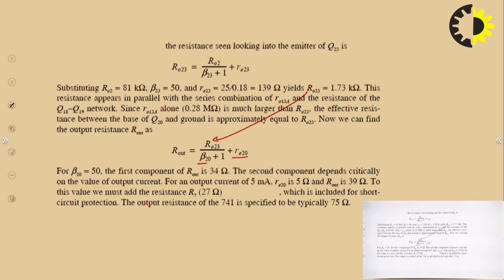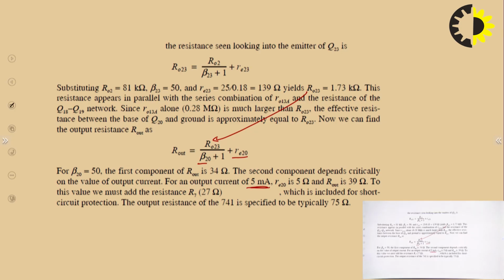The second component depends critically on the value of output current. For an output current of 5 milliampere, RE20 is 5 ohm and Rout is 39 ohm.